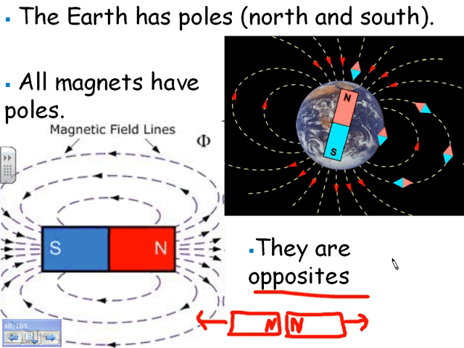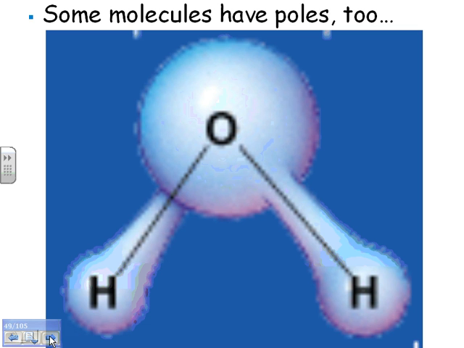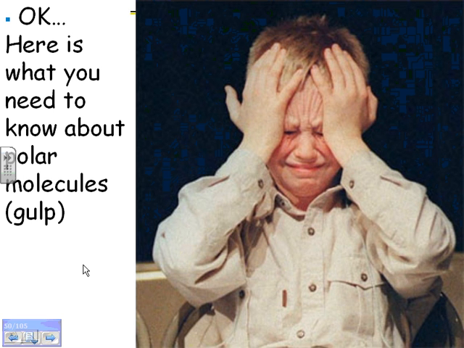But if you have the north side of one facing the south side of another, they'll attract. So you know that the north and the south are different things. They're opposite things. Some molecules have poles too. And I know at this point you're like, I don't know what this has to do with anything. But I'm about to tell you what you really need to know about polar molecules.